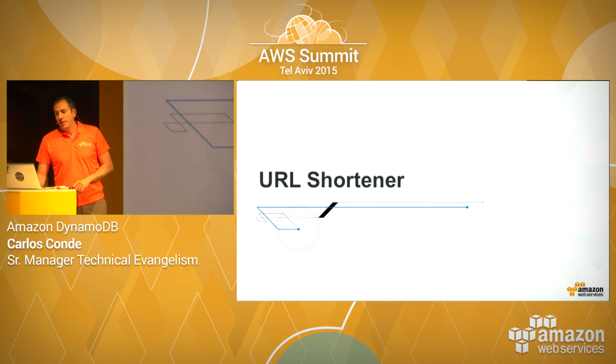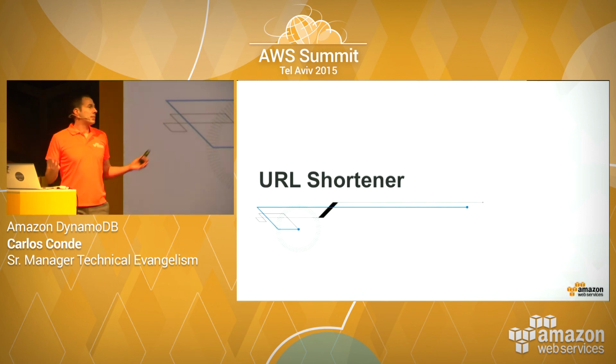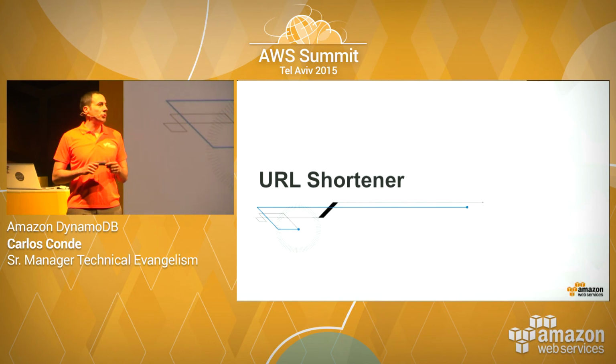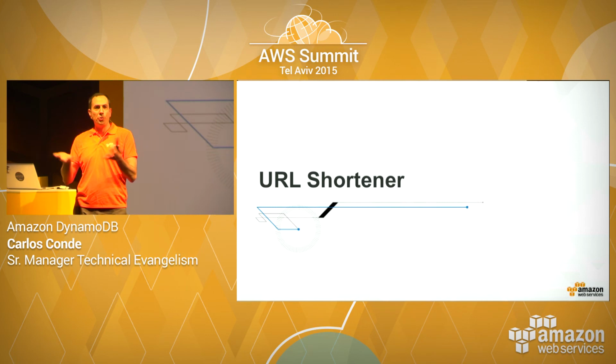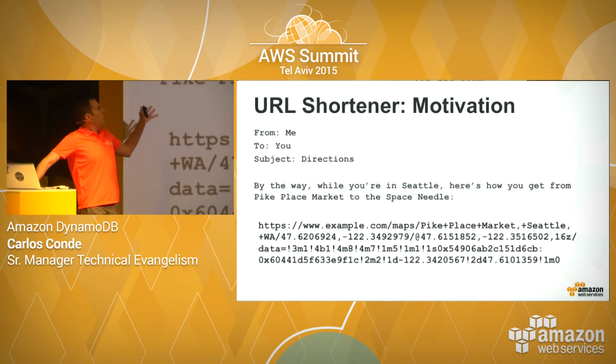Okay, let's see another example now. I just have a couple left. The classic application of a URL shortener. Let's say that for whatever reason you want to implement something like a bit.ly for your own application, right? So we all know how it works. You have a very long link that you want to send as a message.